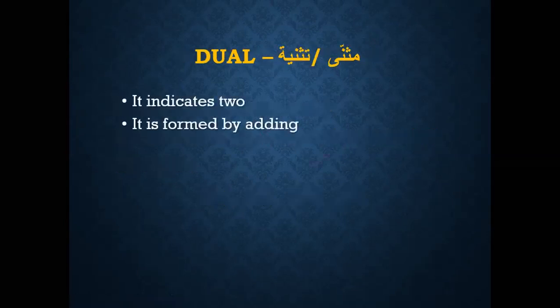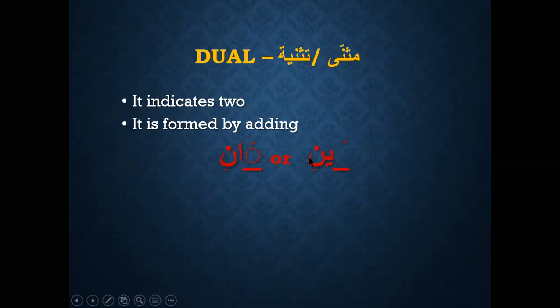Dual, you make by adding ani. So rajul, rajulani, bayt, baytani, walad, boy, waladani, bint, girl, bintani. That's ani, ayni, ayni. So why ani, ayni, ayni? These are different states. There are three states.